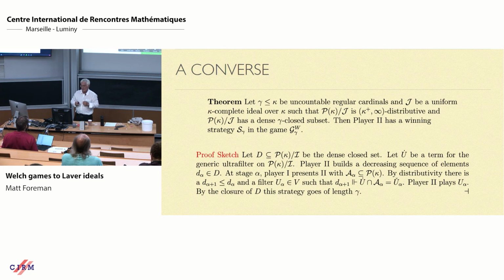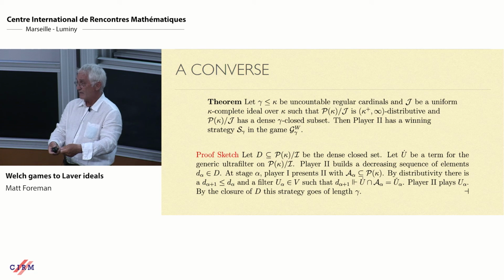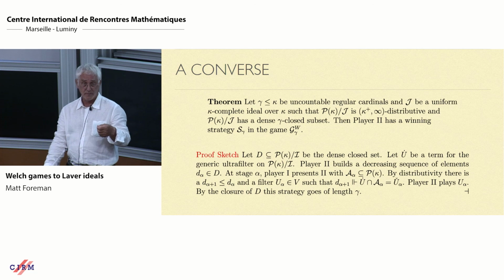And by distributivity, there's a D alpha plus 1 below D alpha, which decides the intersection of the generic ultrafilter with A alpha. A alpha only has cardinality kappa, so by distributivity, you can extend to get an element of this dense set, which exactly decides A alpha intersect kappa.